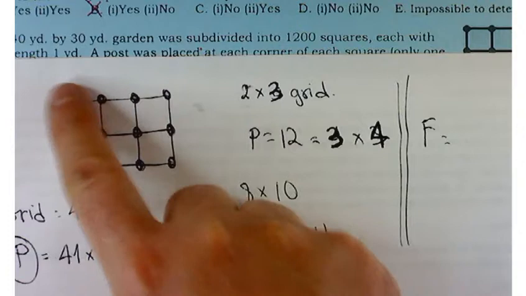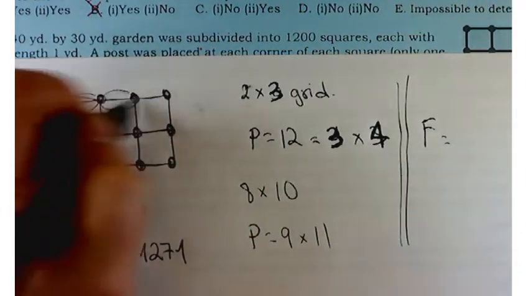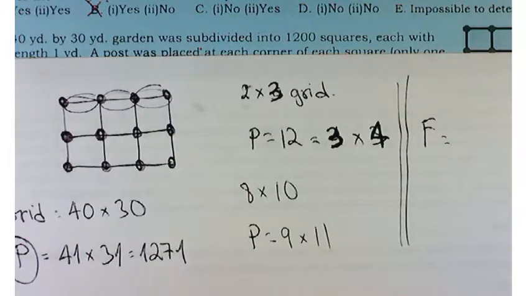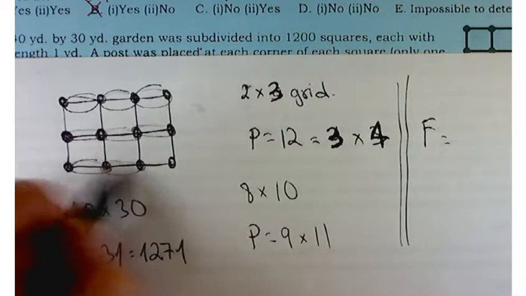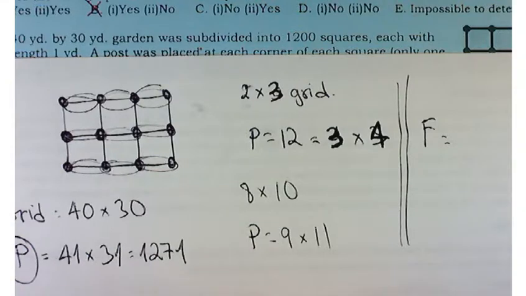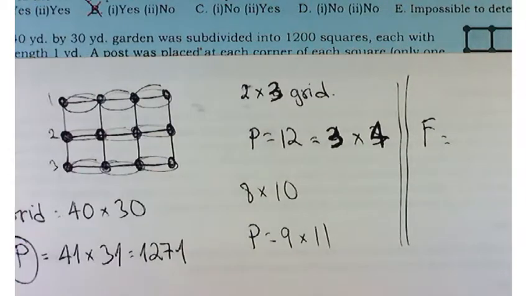If I look at the horizontal sides, I have this side right here, this side right here, and this side right here. That's 3 sides, correct? How many copies of these 3 sides do I have? I have 3 copies of those 3 sides, correct? This is my first copy, this is my second copy, this is my third copy.